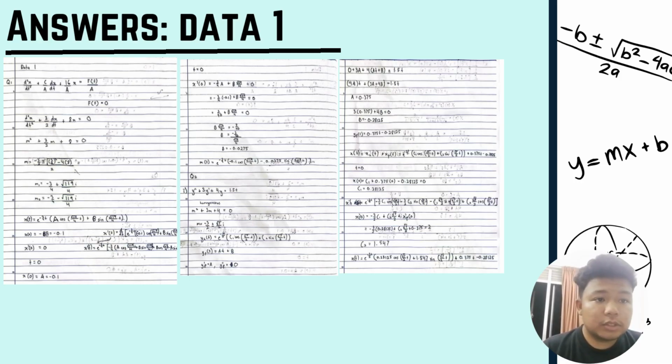So for question 2, when we simplify and do the homogeneous equation first, we get m squared plus 3m plus 4 is equal to 0. When we plug in to find the roots, we get that m is equal to negative 3 over 2 plus minus square root of 7 over 2.